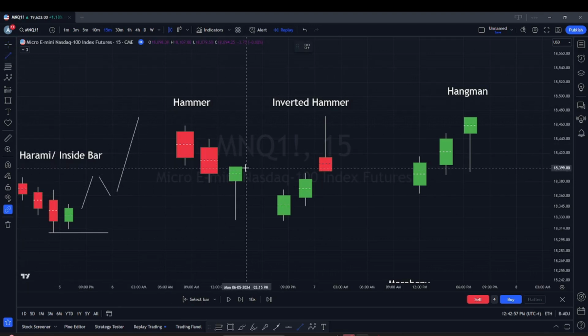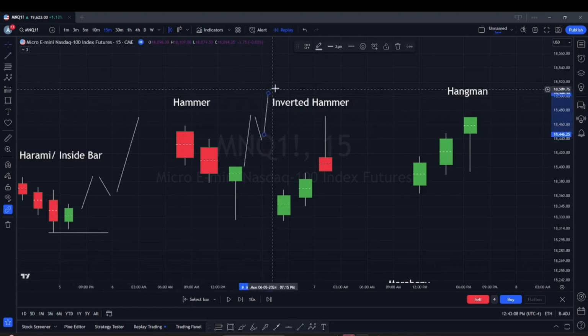Again, you'd probably want to see something along the lines of pushing up, then coming back down, retesting, and then moving back up again.